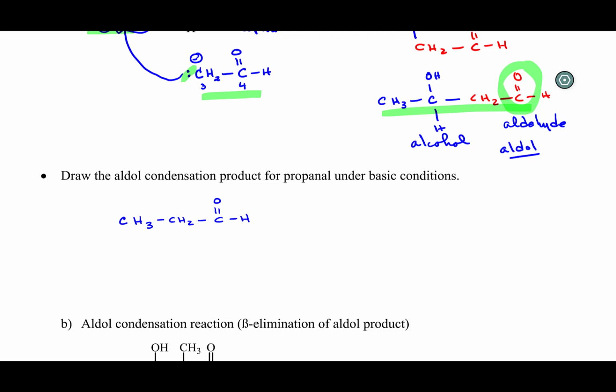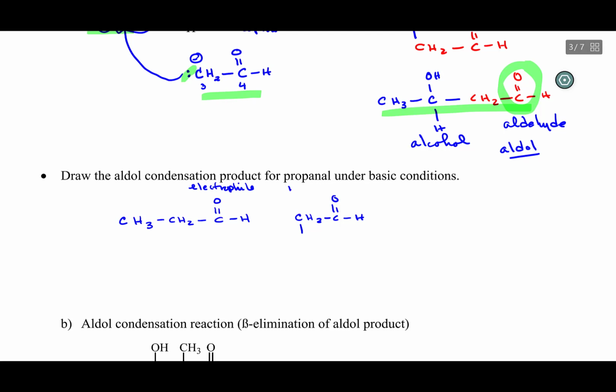And then I'm going to have another one. And there's a couple of ways that you could do this. One is to do this actually. I'm going to draw, now that I've drawn the electrophile, I'm going to draw it so that the alpha carbon is next to the electrophile.